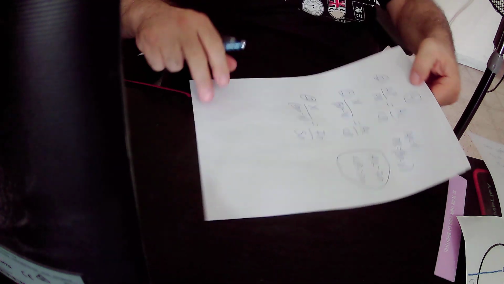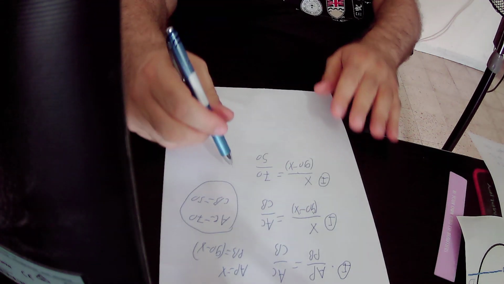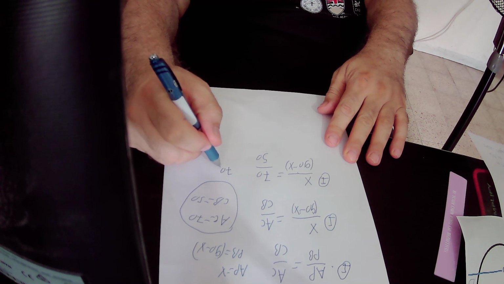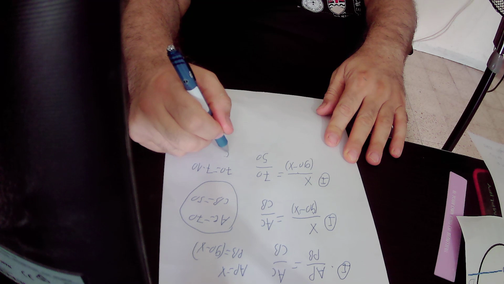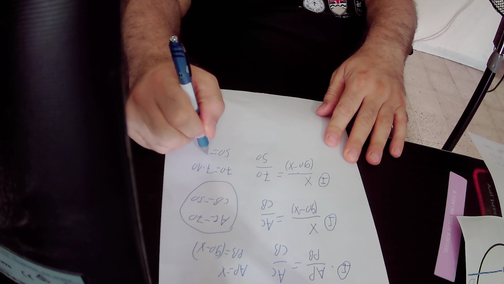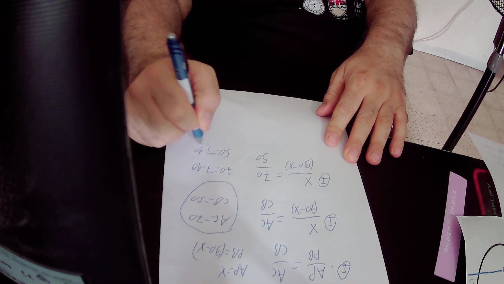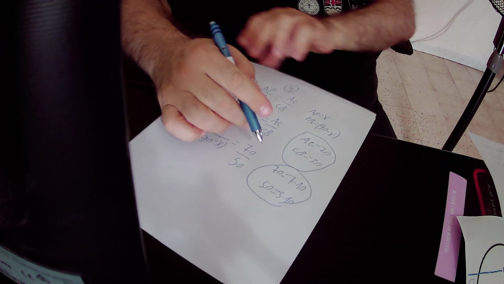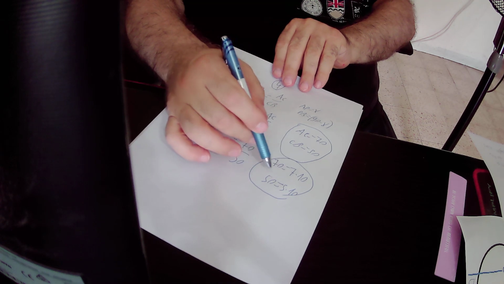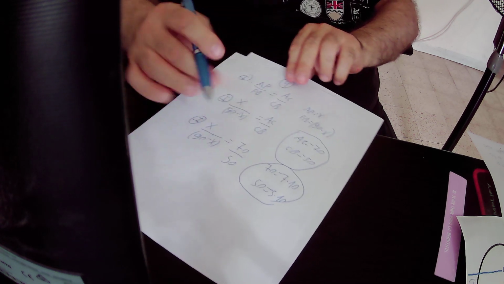Now we know that 70 equals 7 times 10 and 50 equals 5 times 10.